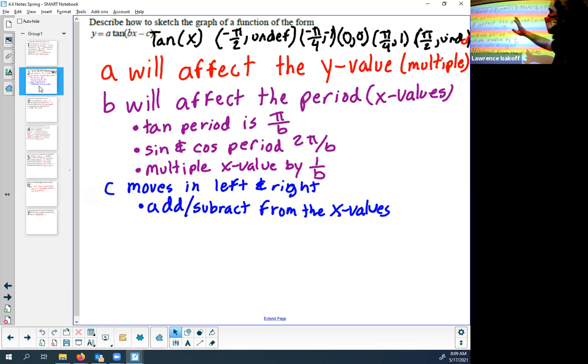If I put something in front of it, A will affect the y value by multiplying it. B affects the period in the same way it worked with sine and cosine functions, but now instead of 2 pi for the period, it's just pi. And then C will move it left and right.